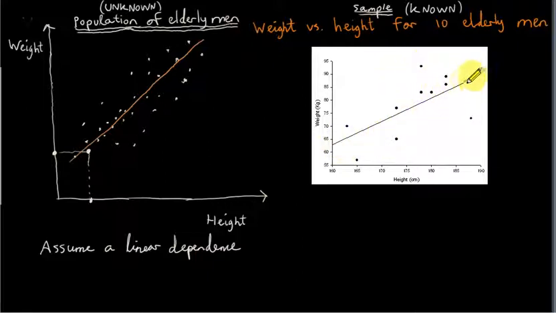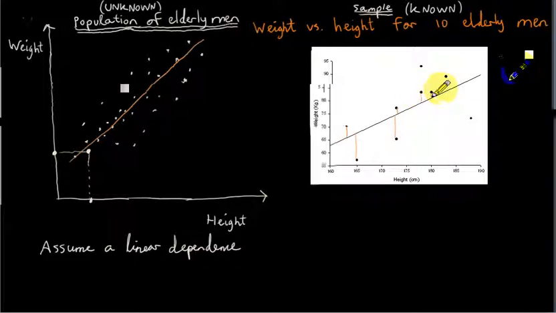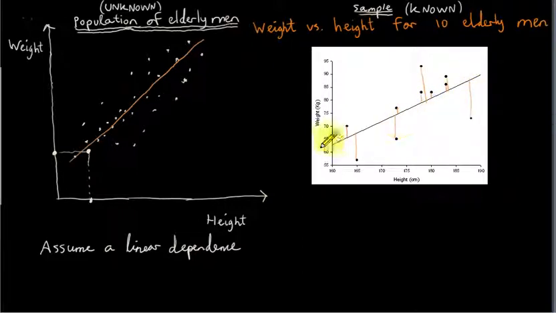The line of best fit is found by drawing a line through the data such that we minimize these vertical distances. Well, more accurately, we minimize the sum of the squares of all of these vertical distances. So we just draw vertically from each point to this line and imagine squaring all of these distances.